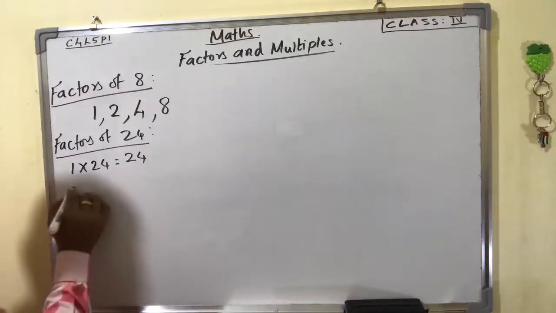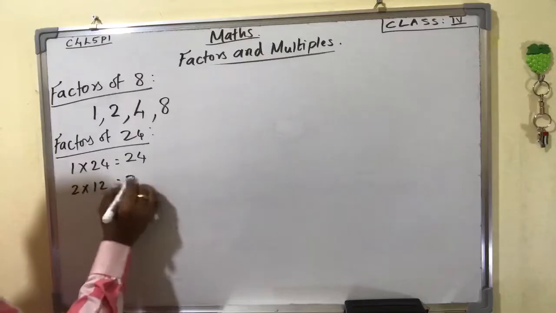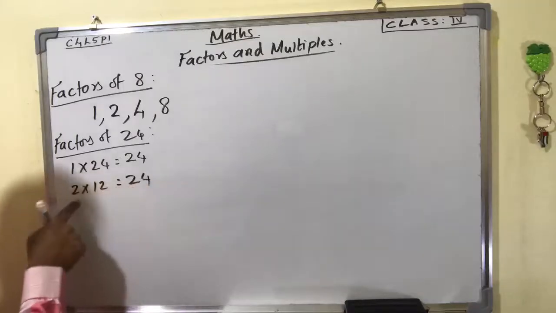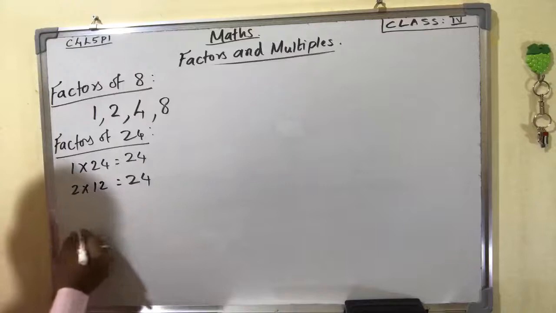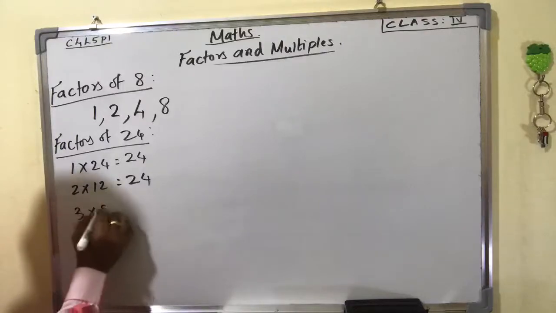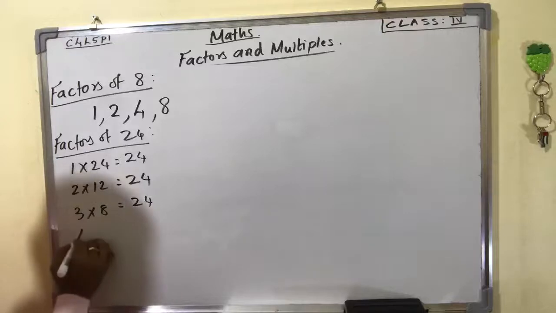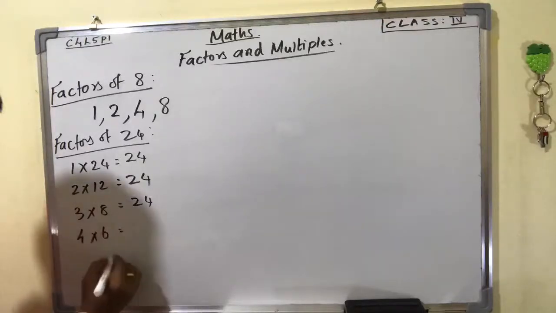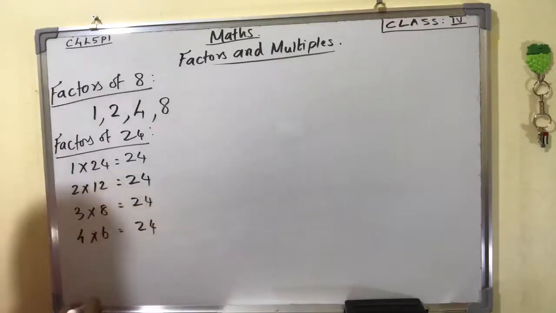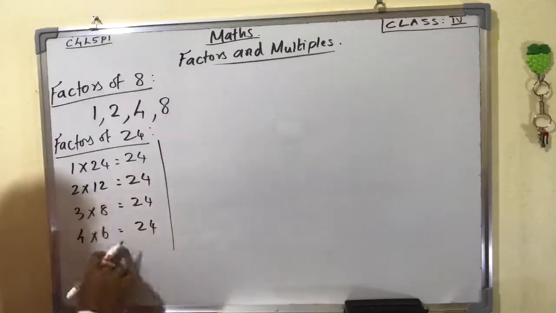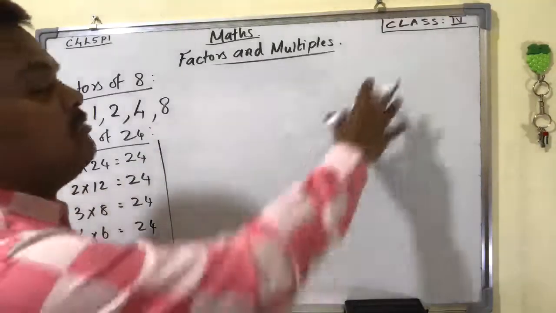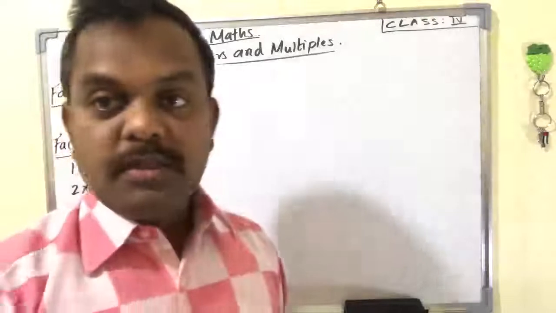And 2 into 12 is 24. So 2 and 12 are also factors of 24, and 3 8s are 24. 3 and 8 are also factors. 4 6s are 24. Okay, so this is by the multiplication method, but the division method is better.